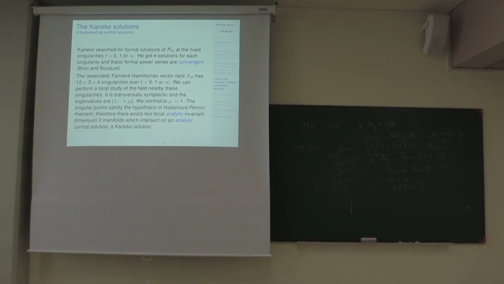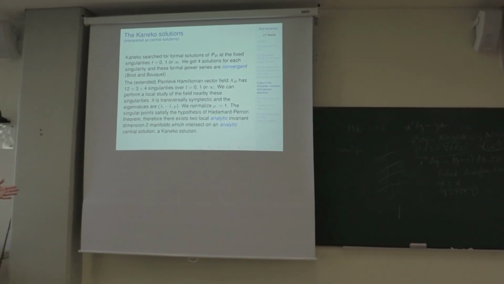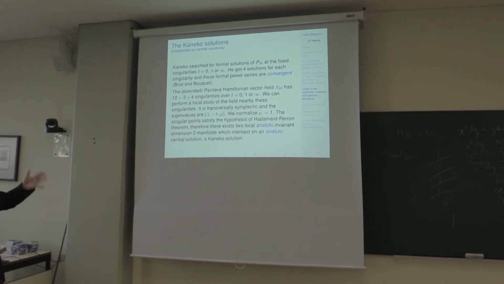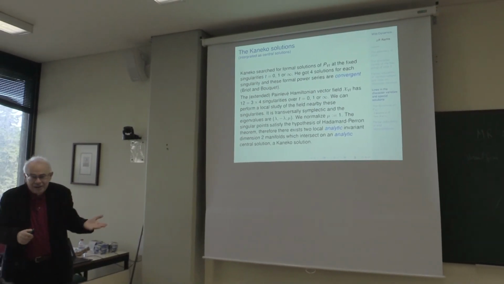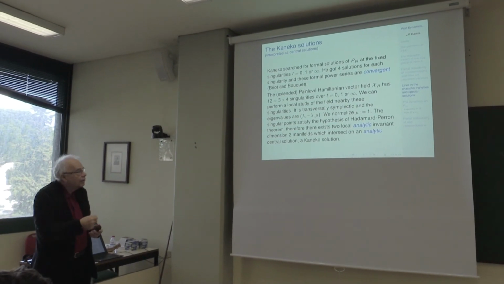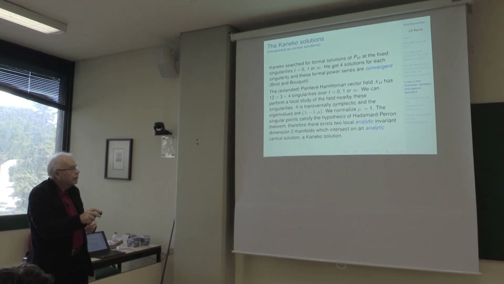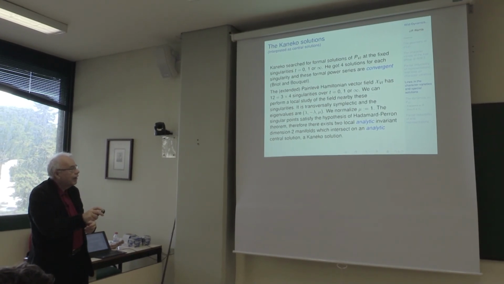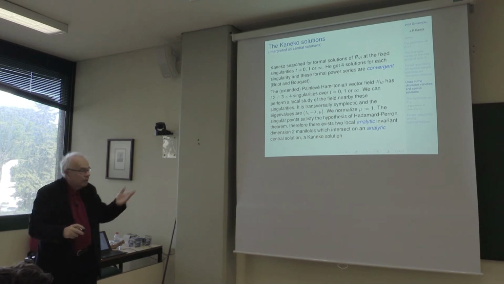So I can look at each solution, and I can do the same business I described for Bittman for irregular singularity. Here it is a regular singularity. I can try to do the same thing. So now you have 3 eigenvalues, but before I had a 0 eigenvalue, now it's a non-zero eigenvalue that I normalize to 1, and it remains the symplectic eigenvalues. But now it's simpler.